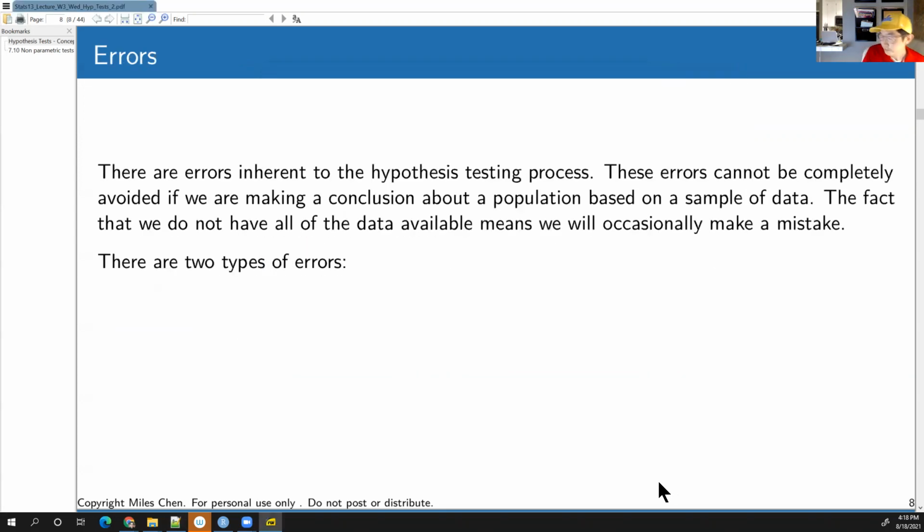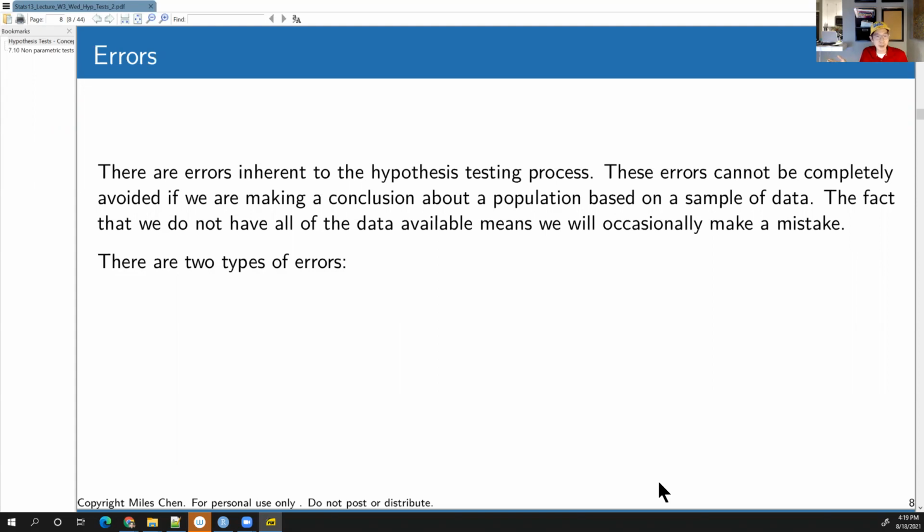Okay. All right, so there are errors inherent to the hypothesis testing process. These are unavoidable, okay? We cannot completely avoid these. Anytime we are making conclusions about the population based on a sample of data, basically all of inferential statistics comes down to, you're looking at one thing, we're making assumptions to fill in our knowledge about the rest, right?